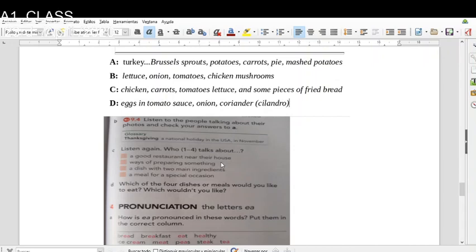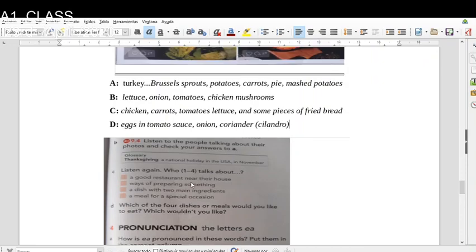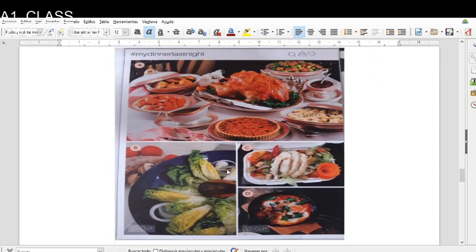Es decir, ¿quién habla de un buen restaurante cerca de su casa? Ways of preparing something, maneras de preparar algo. A dish with 2 main ingredients, un plato con 2 ingredientes principales. And a meal for a special occasion, o una comida para una ocasión especial. Then, now, focus and listen.